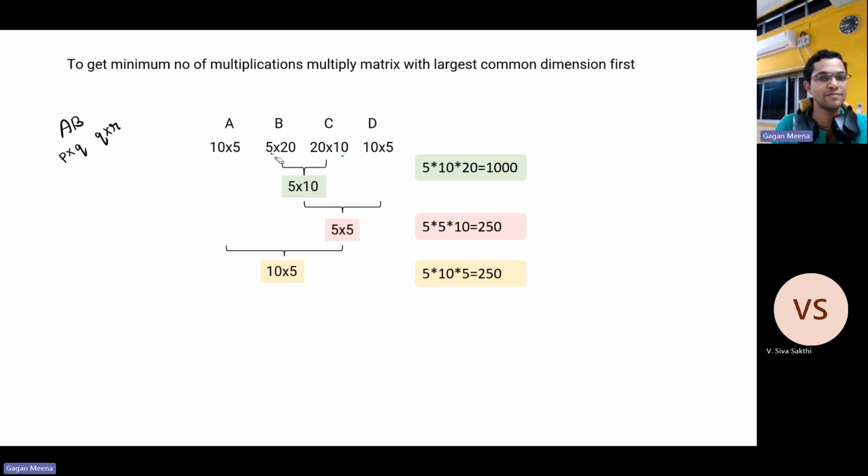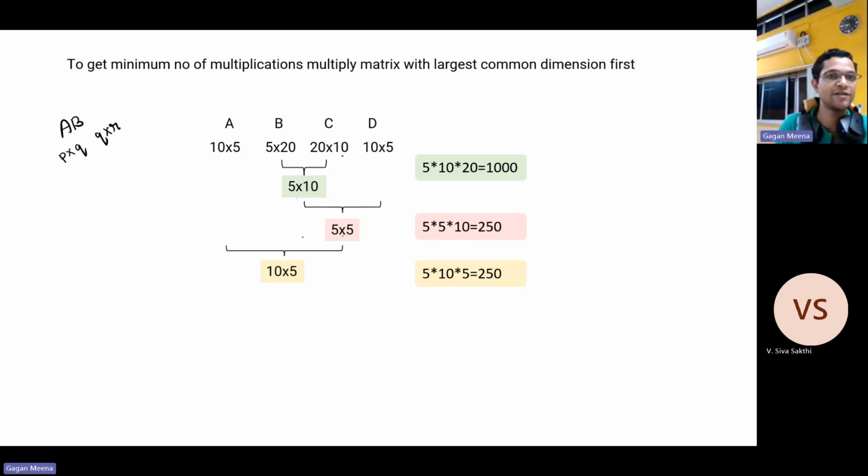And the total number of scalar multiplications required is 5 into 10 into 20, so 1000. Now check, we have three matrices, A, this one, and D. Now check where you get the largest common dimension. If we see this, 10 is the largest common dimension. The resulting matrix is 5 cross 5, and the number of scalar multiplications is 5 into 5 into 10, so it is 250.